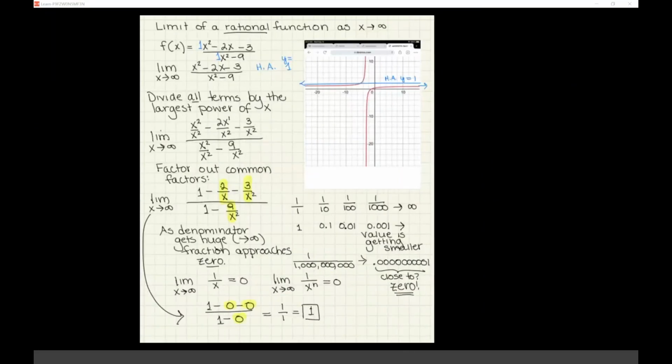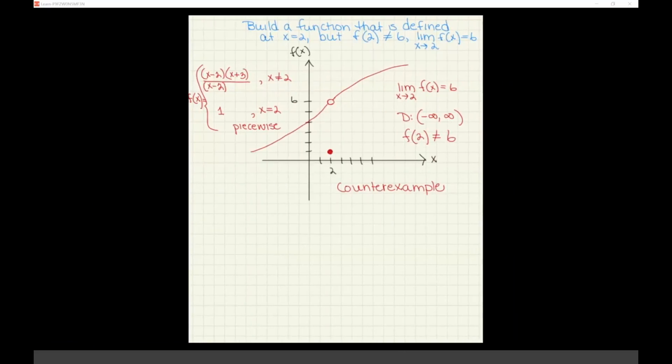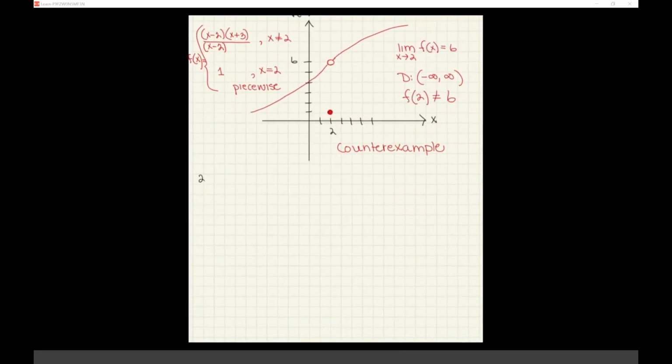All right, let's do 24 and 25. I'm going to use the limit of the derivative difference quotient to find this derivative. So I'm going to work number 24. Here's what I'm going to use: the limit as h approaches 0 of f of x plus h minus f of x, over h.